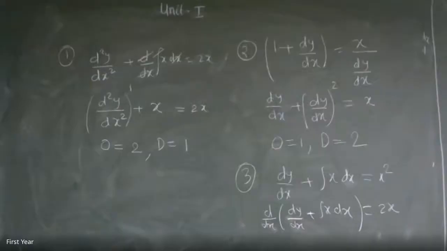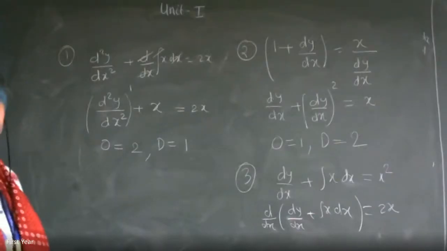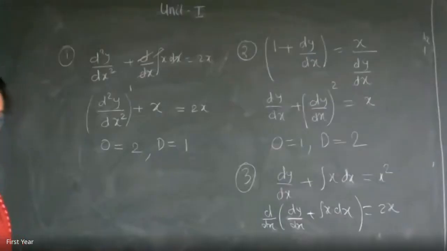But integral x dx is an independent term, no? Ma'am, it will give one constant also. It is not a definite integral. Then you have to find that c, and then you have to remove that c, the arbitrary constant. Are you getting it? Very good.